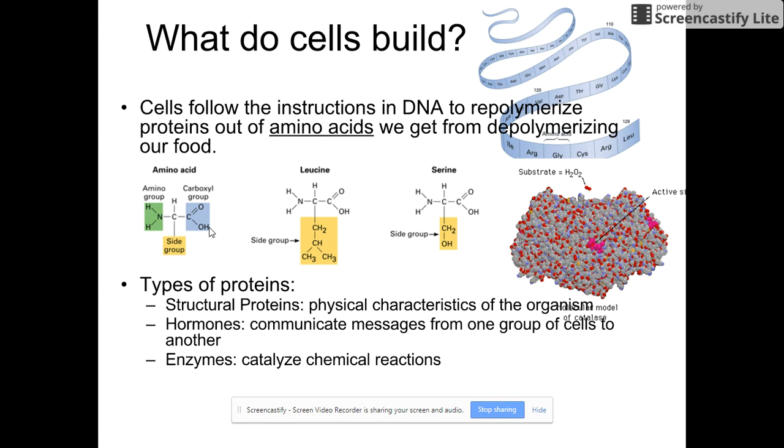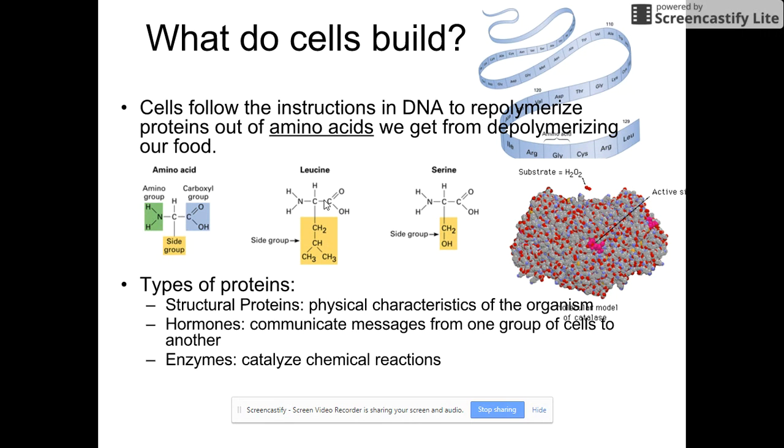Now, hopefully, you recall that we should be looking for OH groups. OH groups are commonly involved in forming bonds between monomers to make polymers. So here we have two different amino acids side by side. I'm hoping that you could see that the OH from leucine's carboxyl group could potentially interact with this H from serine's amino group to form a covalent bond.